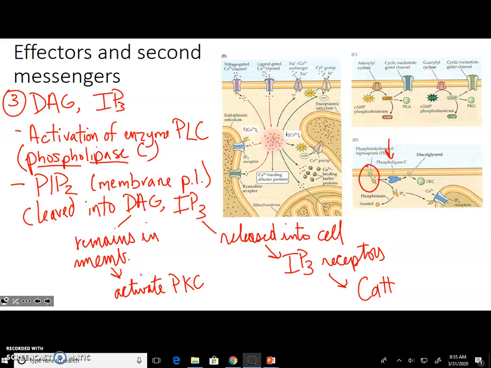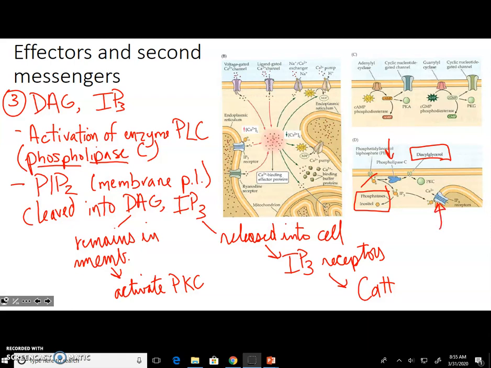It basically makes a cut, sort of in half, if you will. So it cuts this. Some part of that initial PIP2 is left in the membrane as DAG, okay? And some part is liberated, it's free, IP3.